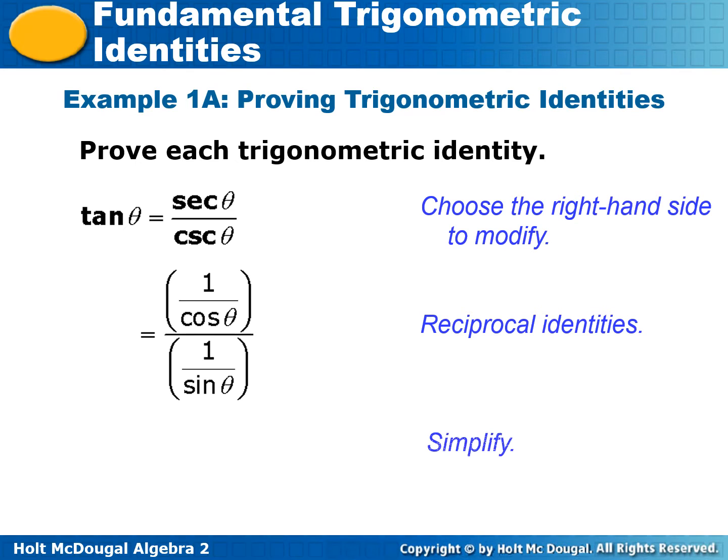And then from here, we are going to simplify: 1 over cosine theta times sine theta. Remember, if we divide fractions, we change it to multiplication and get the reciprocal. So from here, we have sine theta over cosine theta, which is equal to tangent theta, the ratio identity of tangent theta.